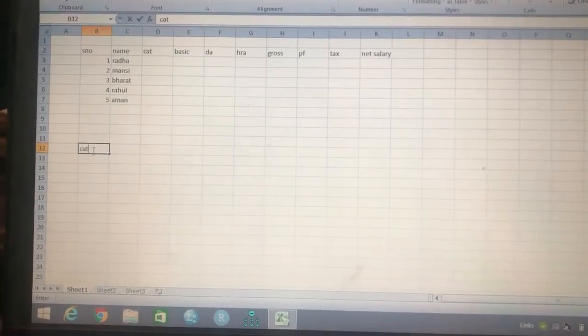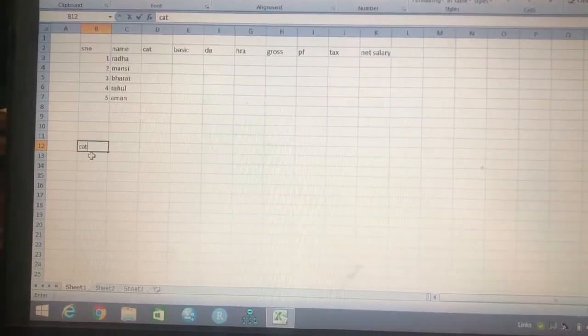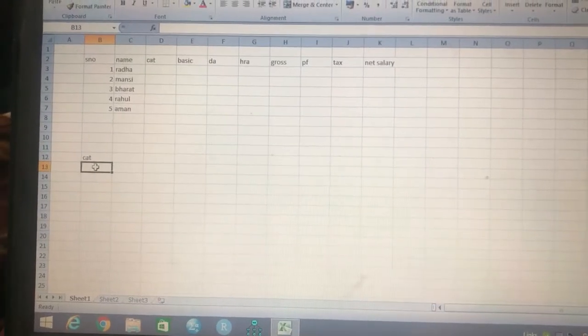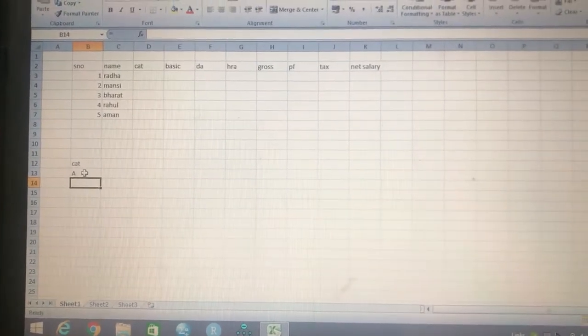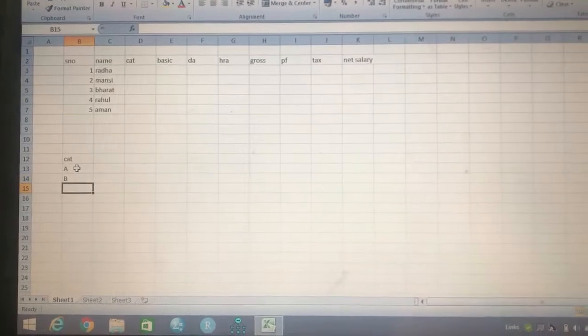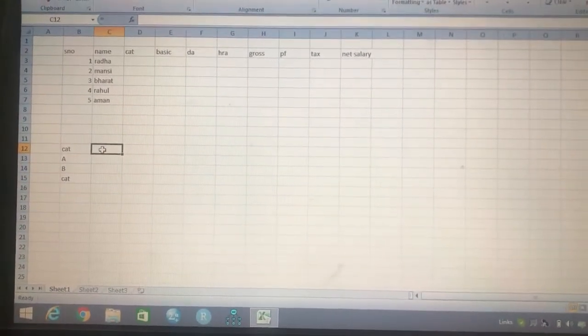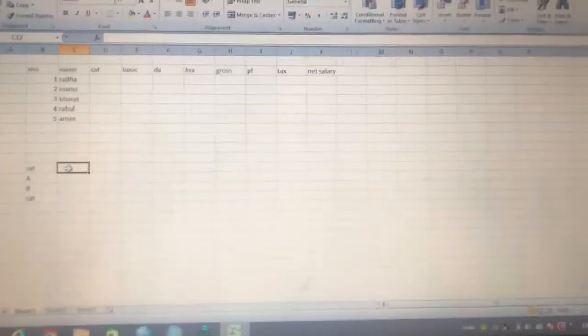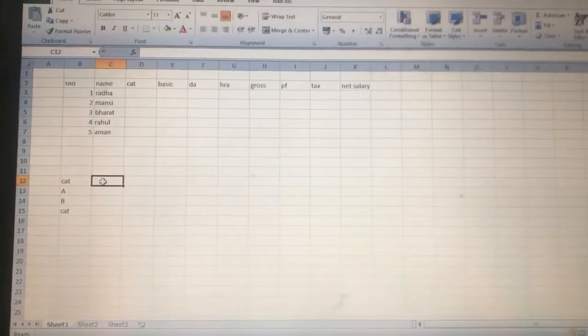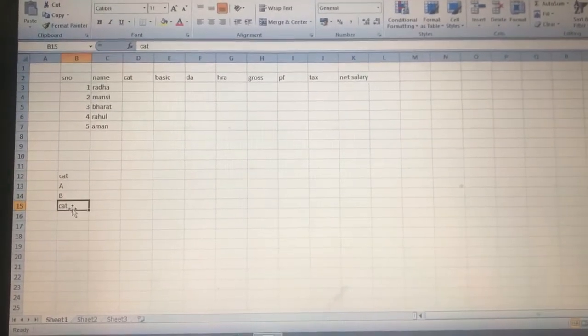So we have another table wherein we have the category as A, B, and C for the employees. That could indicate anything. Maybe A indicates the managerial level, B indicates the clerical, or any other.